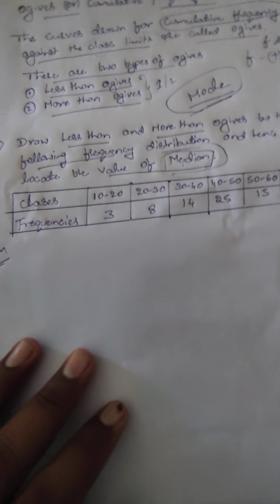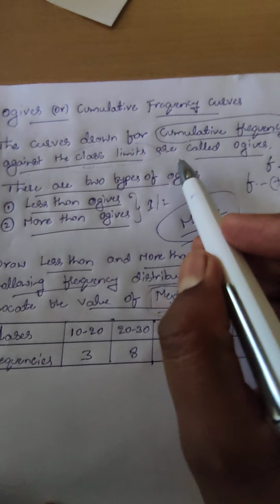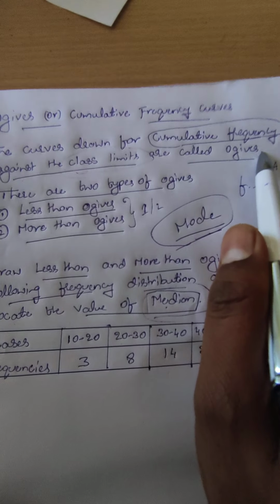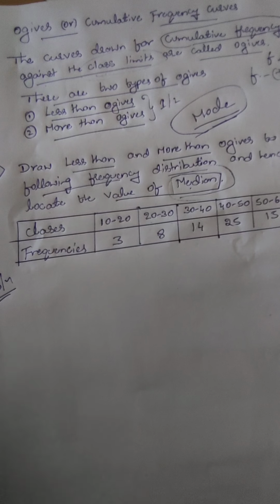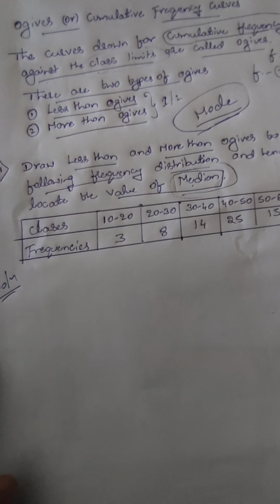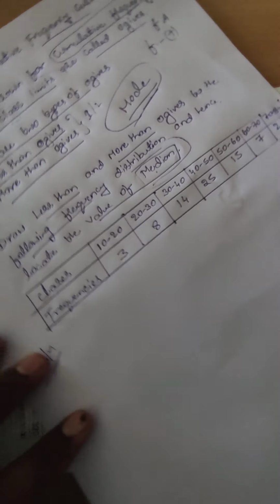Before going to the graph, first we have to create a table, because we can draw less than and more than ogives based on the cumulative frequencies. That is the intention. First we have to identify the cumulative frequencies.